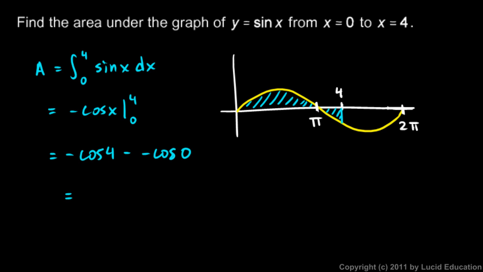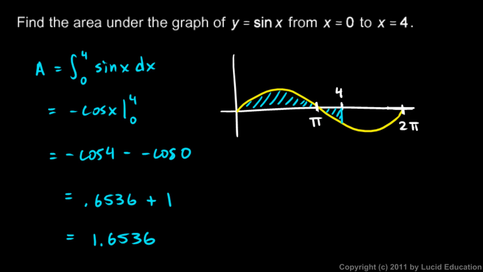That's negative cosine of 4. Well, cosine of 4 is a negative number. If you do that on the calculator, you get negative 0.6536. So negative cosine of 4 comes out to be positive 0.6536. And then minus a negative right there becomes a plus cosine of 0. And cosine of 0 is 1. So this comes out to 1.6536.